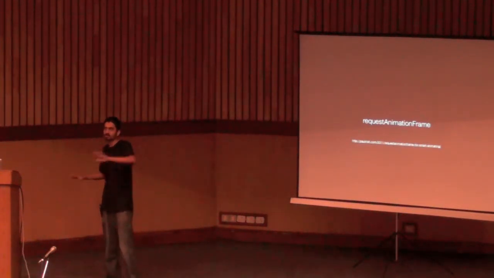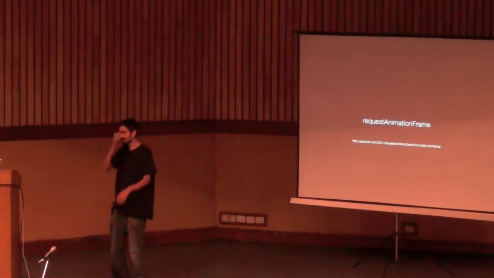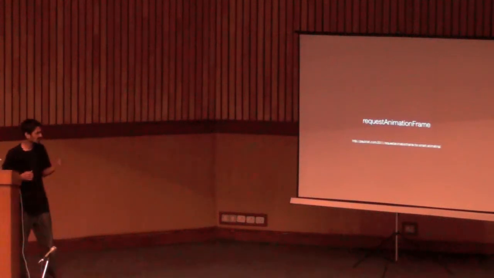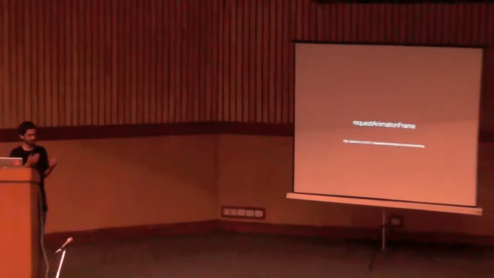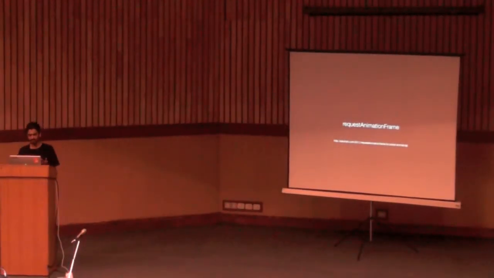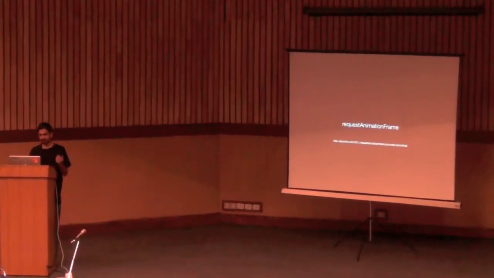You make all your changes in one step instead of, for example, using set interval where one animation might be blocking another and your thing gets screwed up. Paul Irish wrote one of the pioneering pieces on it, how to write a shim for browsers and how to fall back to set interval when it's not available in the browser. And it's pretty good. I think pretty much every animation engine now is picking this up, which is cool.